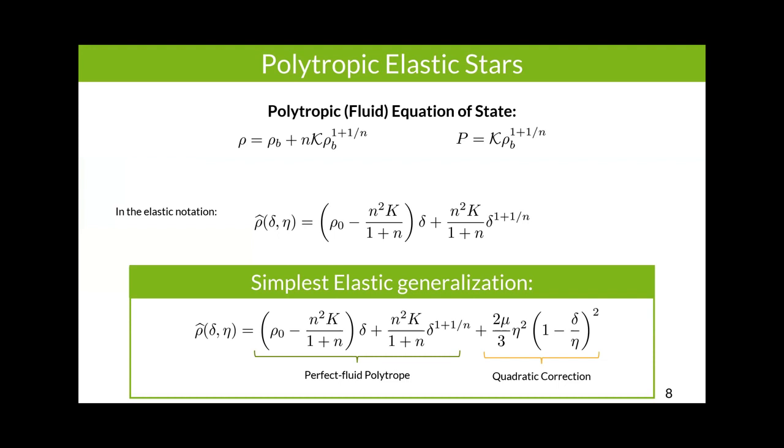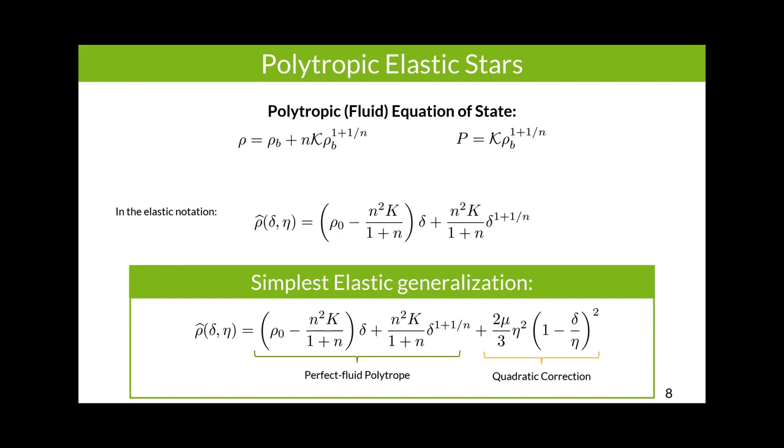As in the fluid case, the most studied equation of state for fluids is arguably the polytropic equation of state, which has this form that you see here. The pressure is a function of a power of the baryonic density. This n is the polytropic index, and this kappa that I have here in calligraphic is just the polytropic factor.